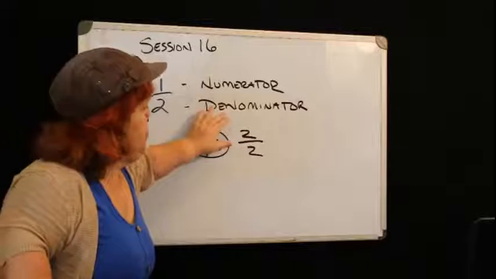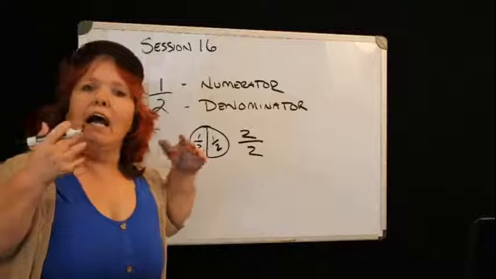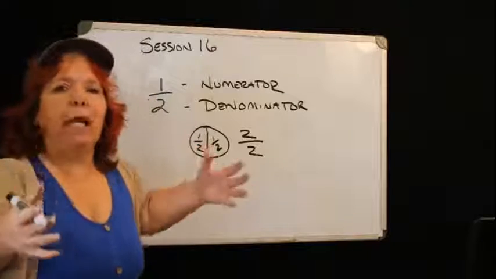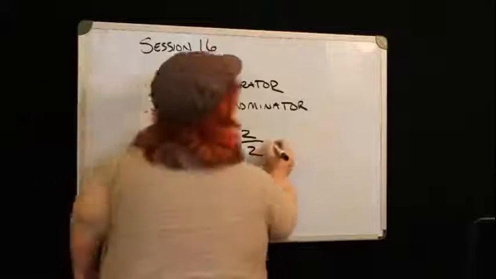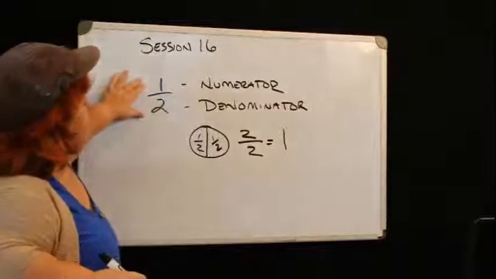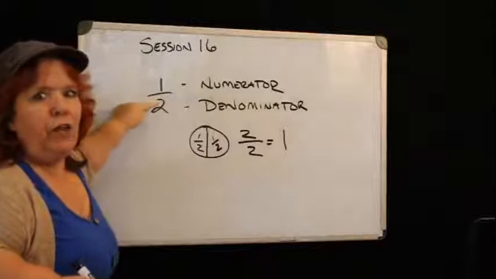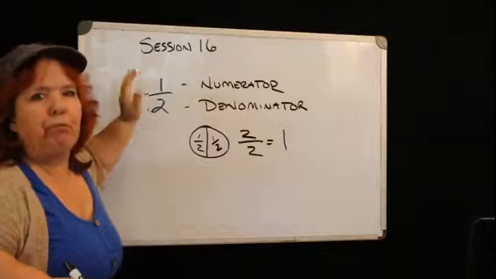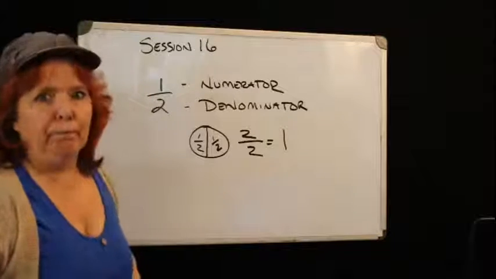So when you have 2/2, or 2 parts of 2 parts, how much does this make? How many pies do I have? 1. I have 1. So whenever you see a fraction where the numerator is smaller than the denominator, that makes it a proper fraction. That means it's less than 1.